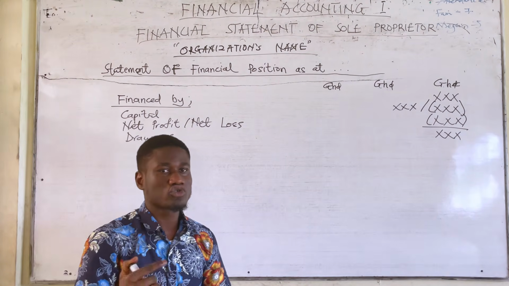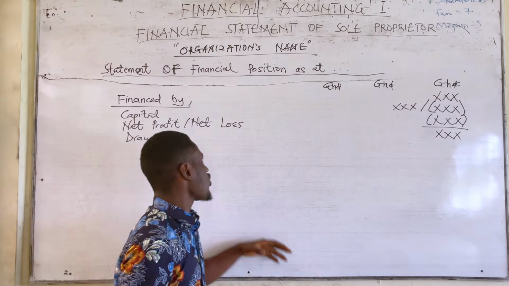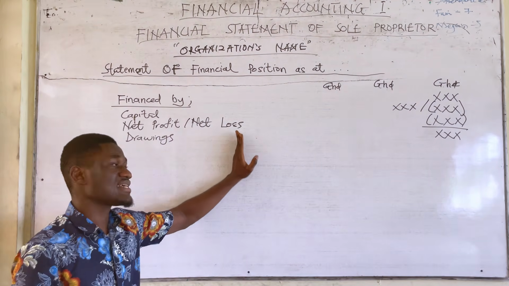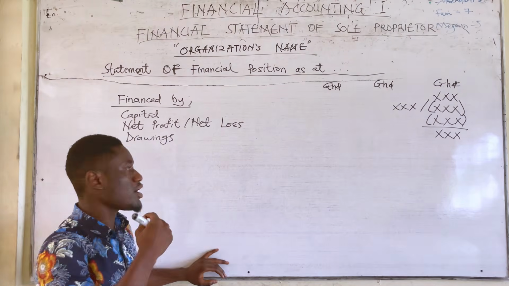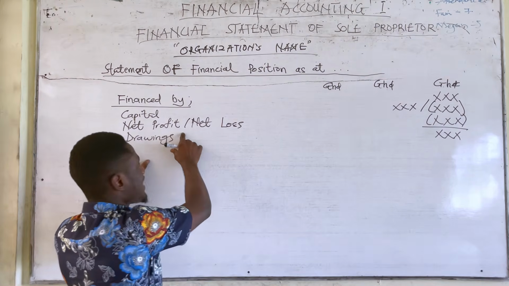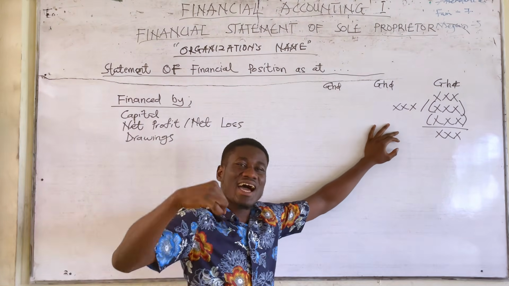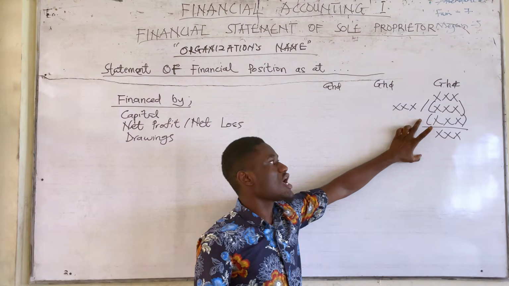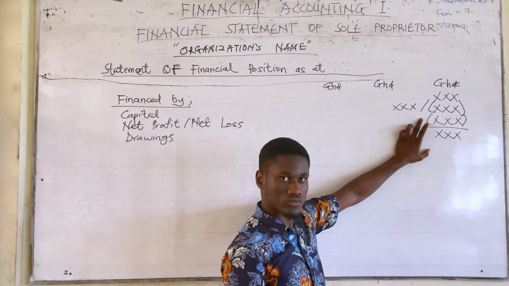But if the goods drawings was shown in the additional information, you treat it twice. So after deducting that goods drawings from the purchases in the income statement, that same amount will come here as drawings. If there was any cash drawings, we add the goods drawings to the cash drawings and show it here. But if there was only goods drawings, that's what we are going to show.